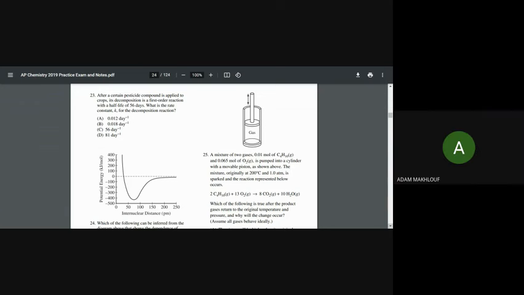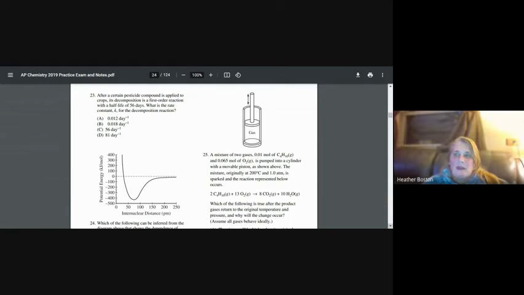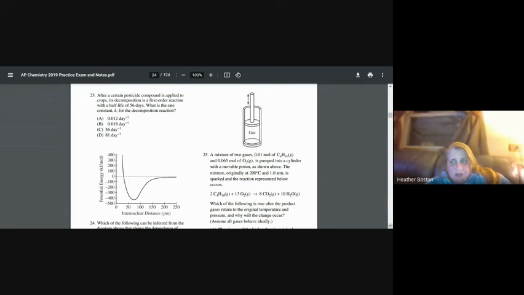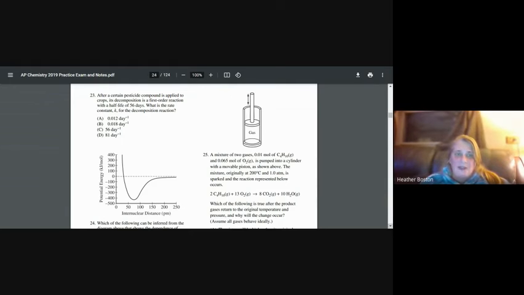A and B could be either one of those, right? So you've got to do a little bit of mental math because C and D don't make sense. You can cross those off right away. So 0.693 divided by 56. You're going to do a little bit of mental math and determine that the correct answer would be A.